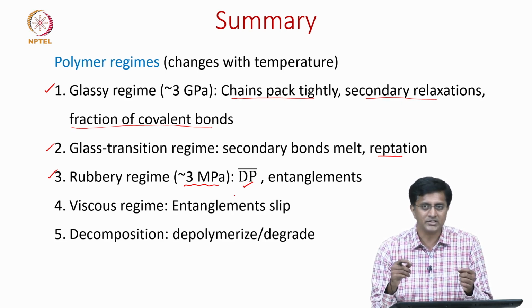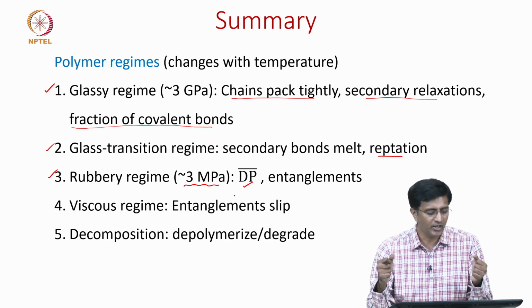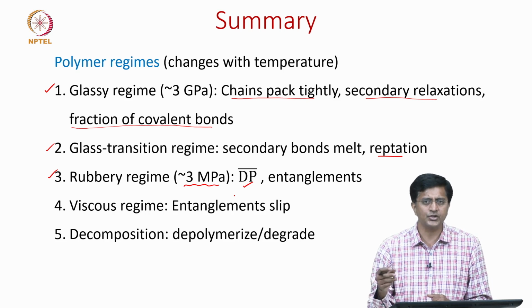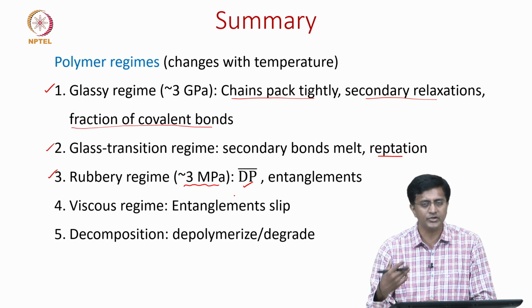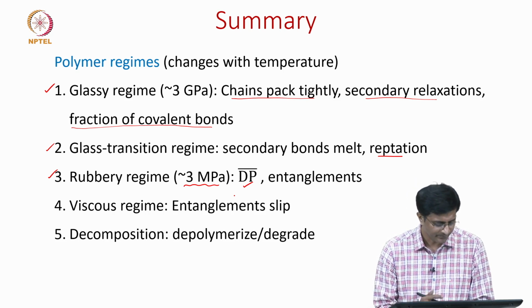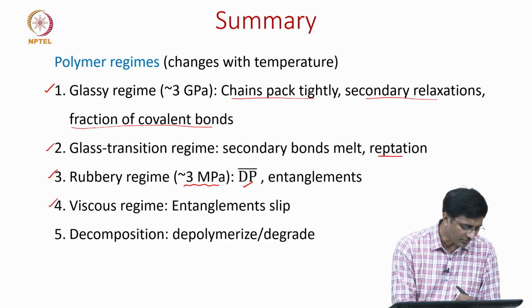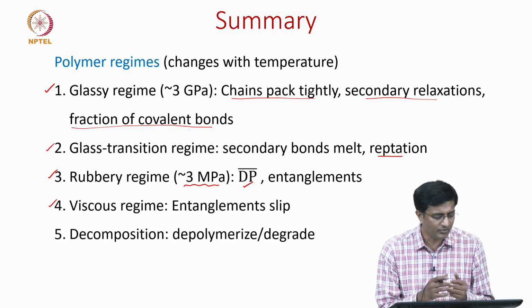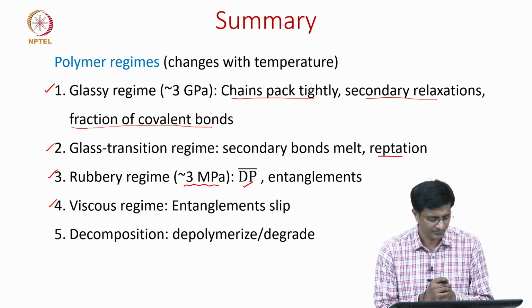And entanglements are the ones which help to get this rubbery behavior, in addition to a few crosslinks depending on which polymers we are talking about. So, if the temperatures are further increased, that is when these entanglements also slip and we see this viscous regime.